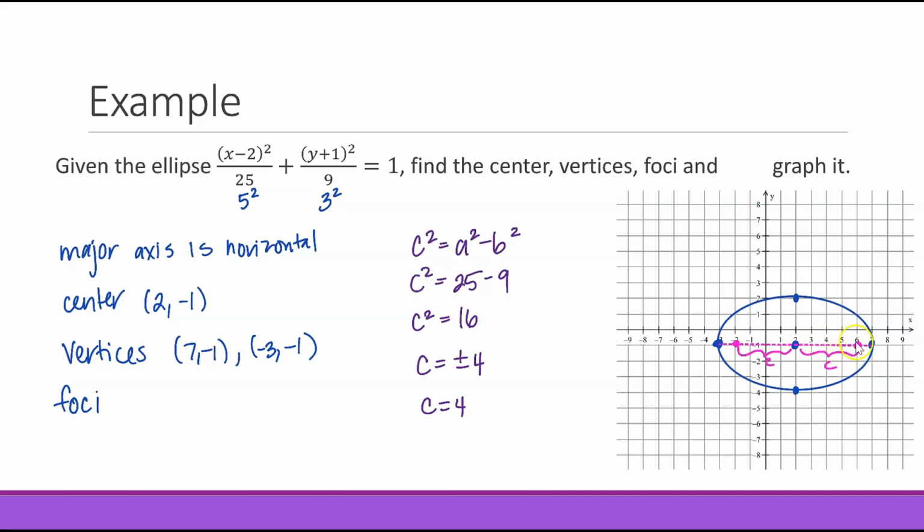So I know my foci values are (6, -1) and (-2, -1). And we found them by, again, finding the value of c and adding that value of c to the right and to the left of the center.